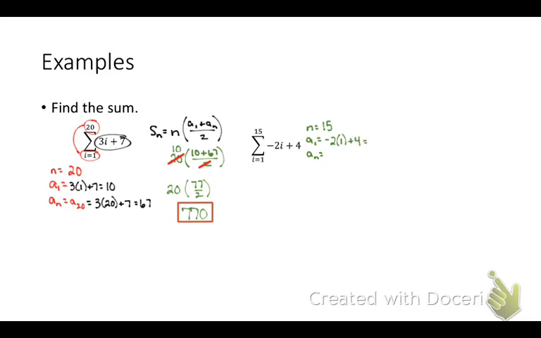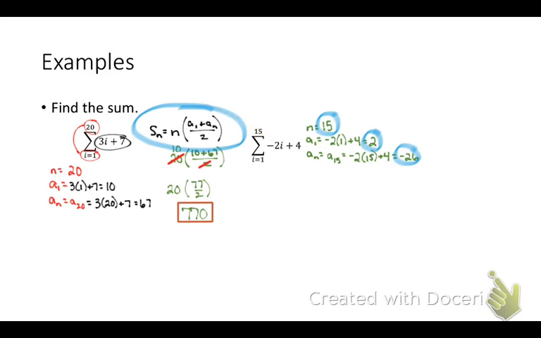So a sub 1 is just going to be a positive 2. A sub 15 is going to be negative 2 times 15 plus 4. So negative 26. So take those 3 values, plug it into my formula, and go to work.